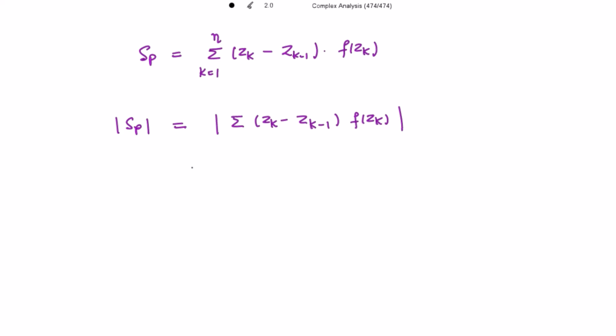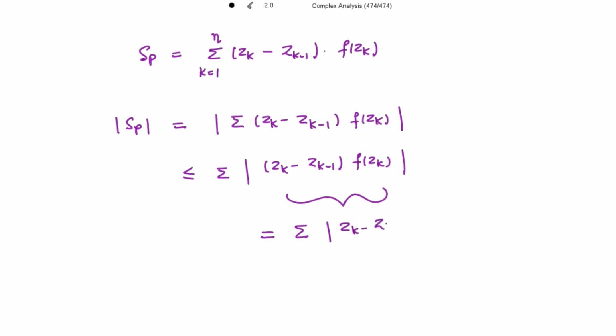And this mod is less than or equal to the summation of mod of (zk minus zk-1) f(zk). The absolute value of the product is equal to the product of the absolute values, so this is further equal to the summation of mod of (zk minus zk-1) into mod of f(zk).